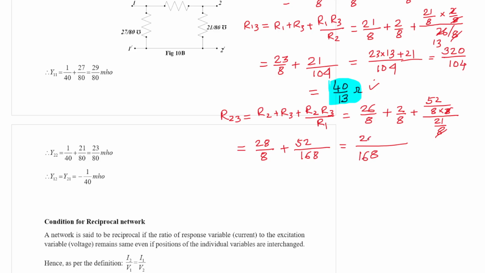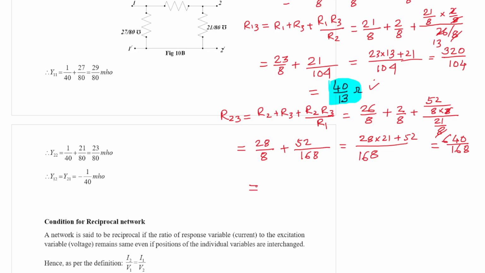So it will be 28 into 21 plus 52, so it will become 640 by 168.